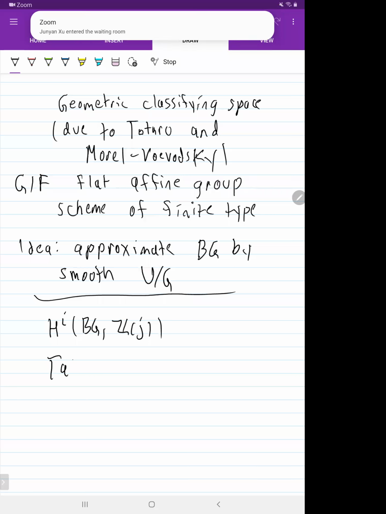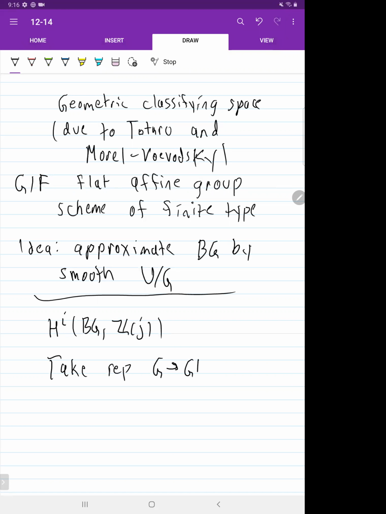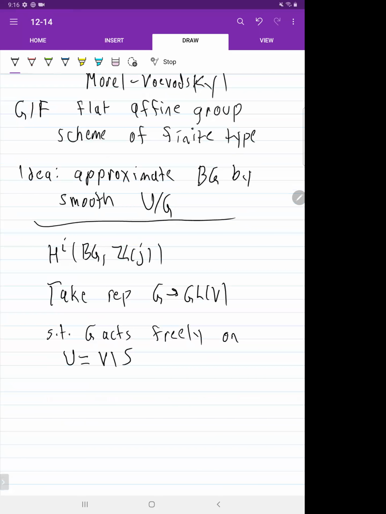So we take, you can find a faithful representation of G into GL(V), such that G acts freely on some open subscheme U of V. So we want to take the codimension of S large, so for some closed G-invariant S inside of V, and such that the quotient exists.